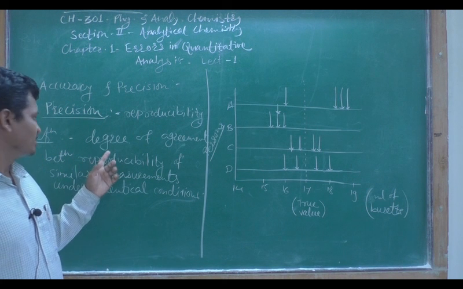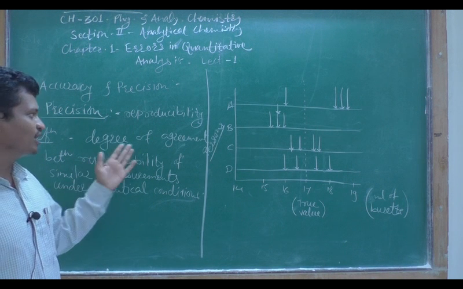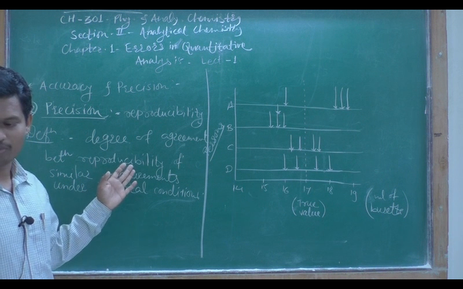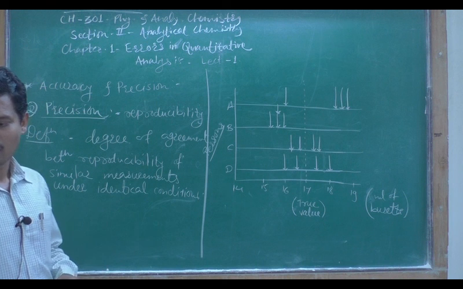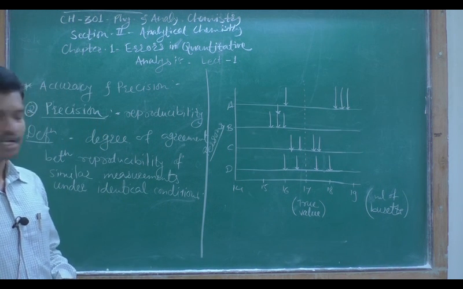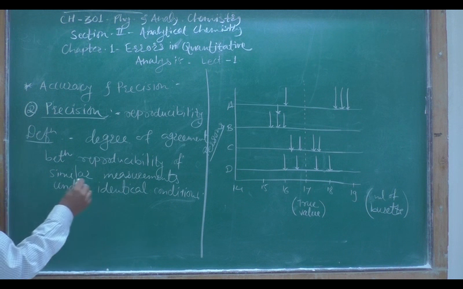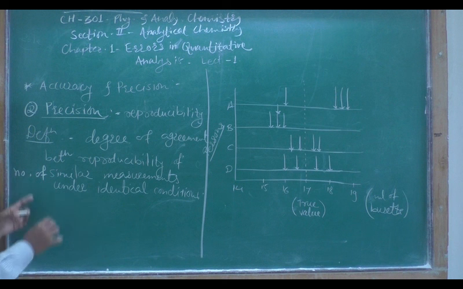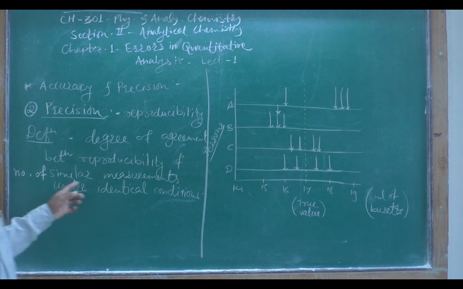It can be defined as the degree of agreement between the reproducibility of a number of similar measurements under identical conditions.